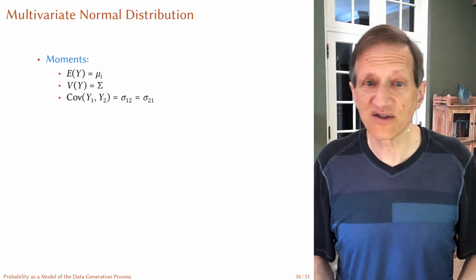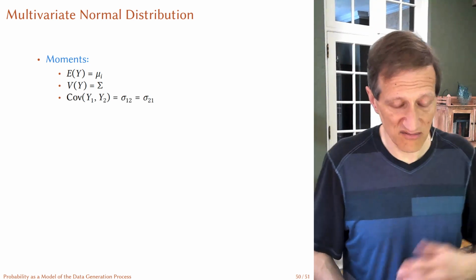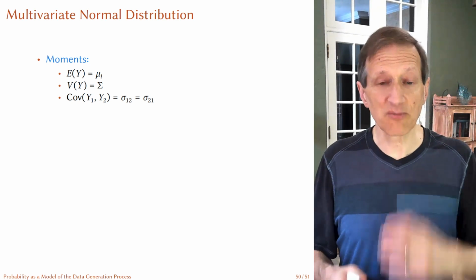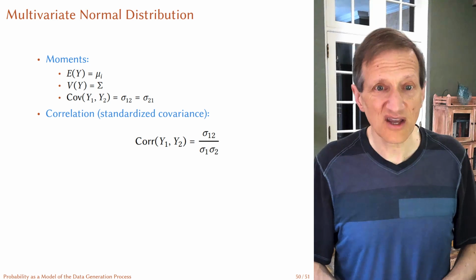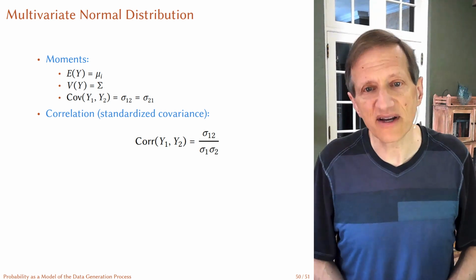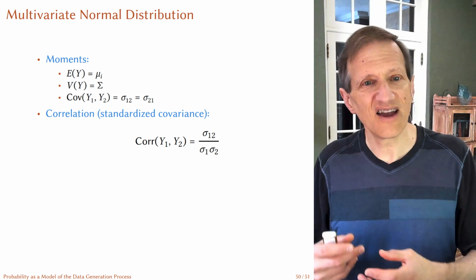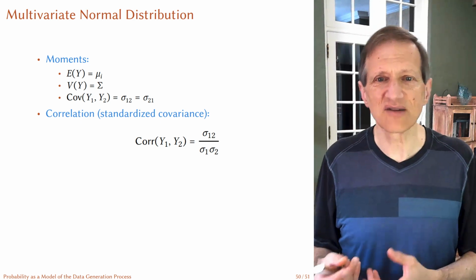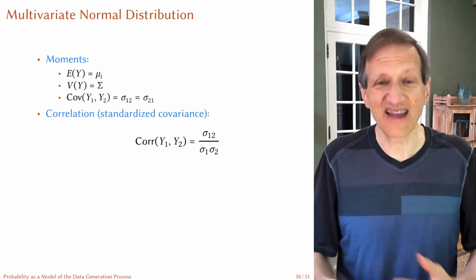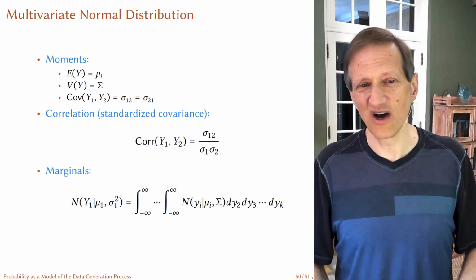The covariance is sigma 1,2 in the special case of when there's only 2. Sigma 1,2 is equal to sigma 2,1. We often see a correlation, which is just a standardized covariance: the off-diagonal element, sigma 1,2, divided by the product of the standard deviations. That goes between -1 and 1.